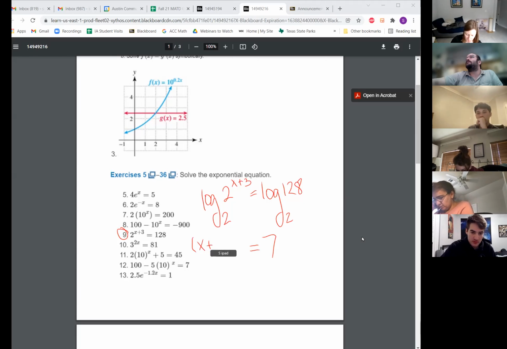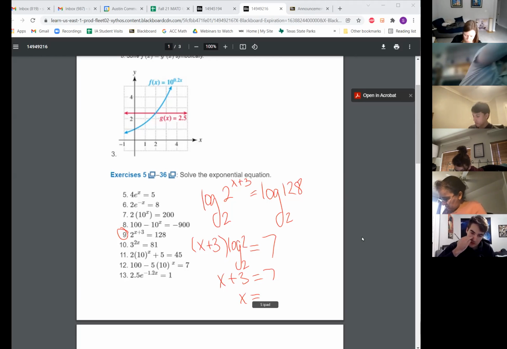Yeah, you can do that. What's log base 2 of 2? It would be 1. So that's basically gone, right? Because x plus 3 times 1 is just x plus 3. Right. And then you subtract 3 from both sides and that gives you x equals 4.